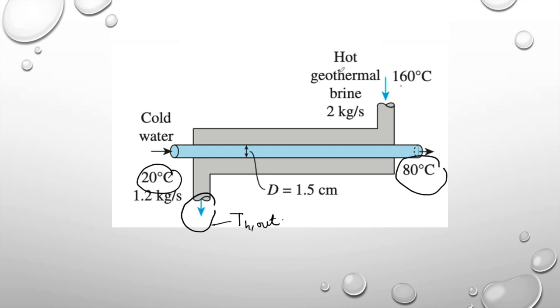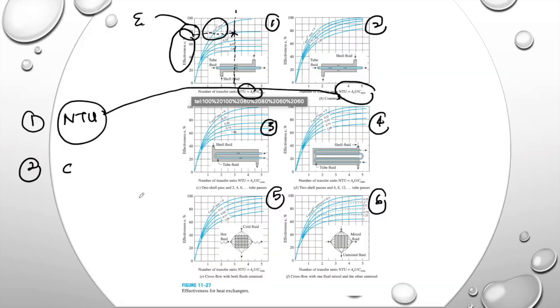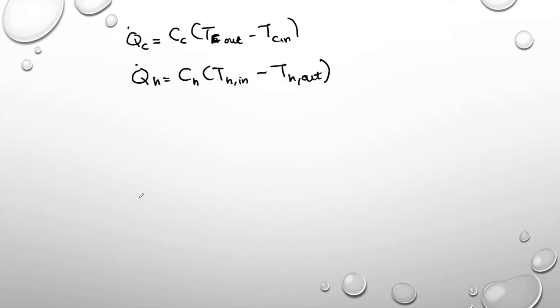So we cannot find Q dot actual from the hot side, because TH out is not given in your question. The complete information comes from the cold water, because we know the inlet temperature is 20 and the outlet temperature is 80 with a mass flow rate of 1.2 kilogram per second.